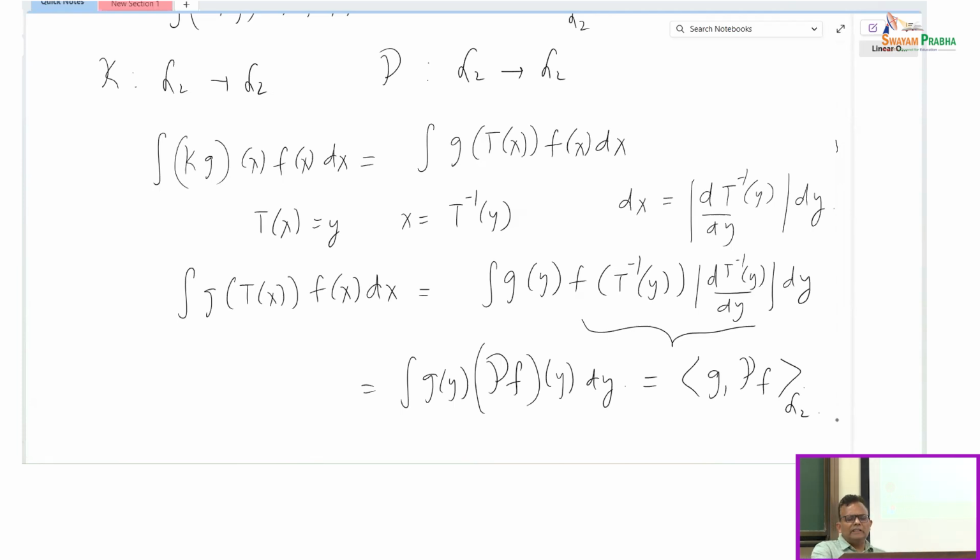Now, just like we define the Koopman for continuous time, we can also define the Perron-Frobenius for continuous time. And just like we have a generator for the Koopman in continuous time, we'll also have a generator for the Perron-Frobenius in continuous time, okay?